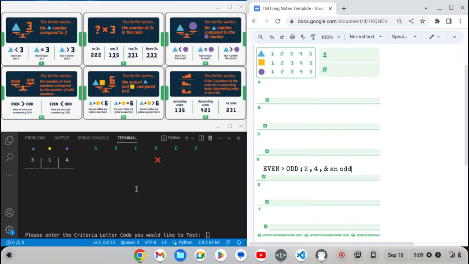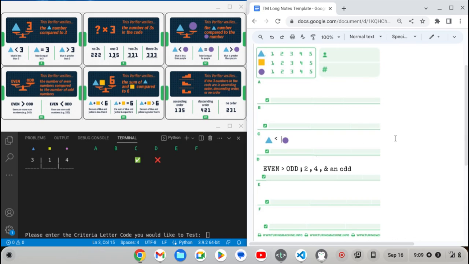Let's go ahead and test criteria card C. Okay, so it is true that triangle is less than circle. So let's go ahead and type that up. And that is in section C. So triangle is less than circle. Now, again, that does not prove that we're talking about 2 evens.